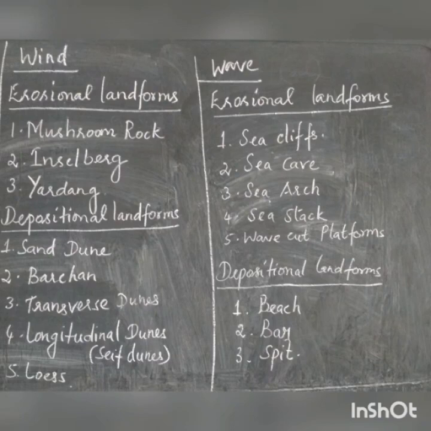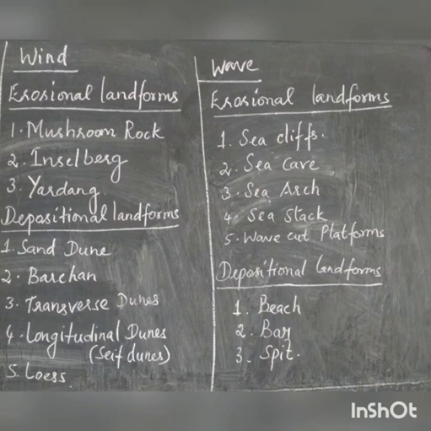Erosional landforms of wind. Some of the erosional landforms of winds are mushroom rocks, inselbergs and yardangs. Mushroom rocks. By the wearing down action of the wind, the bottom gets eroded away to form a mushroom-like structure. So it looks like a mushroom.